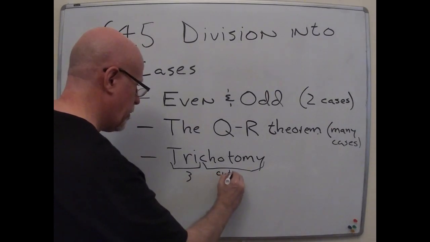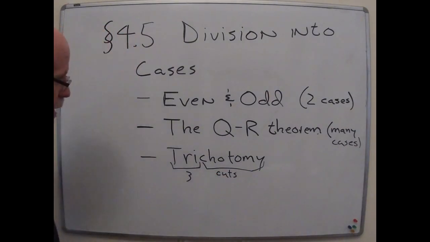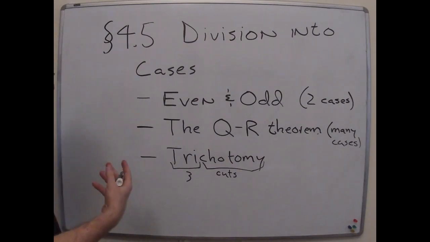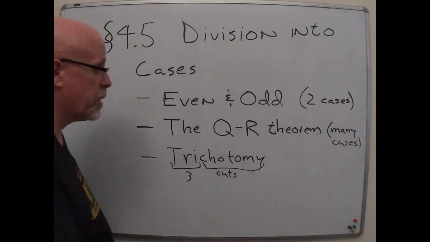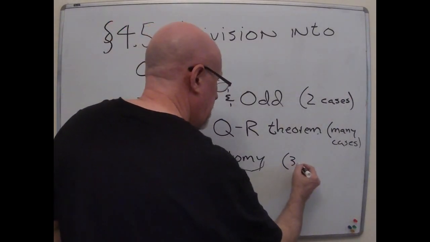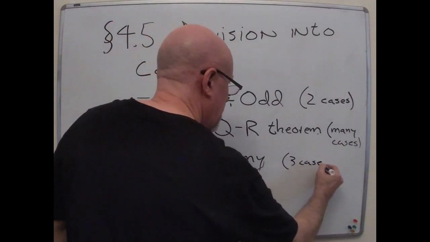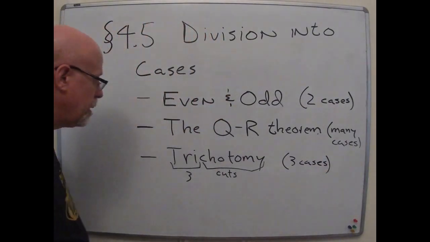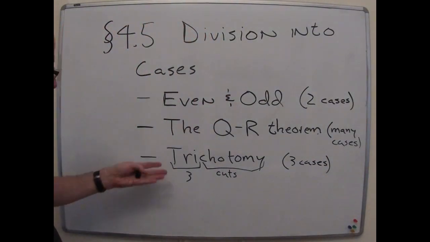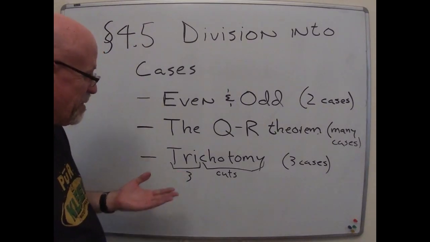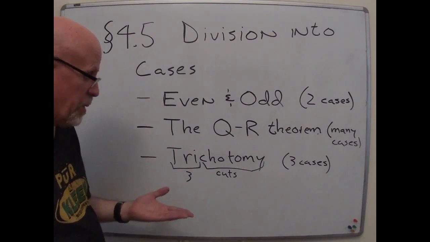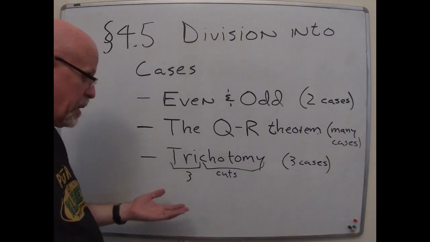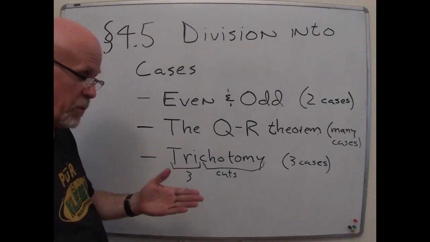Let's go with cuts. It has to do with knives in Greek. Anyway, trichotomy is cutting something up into three parts. And so you may imagine that means there's going to be three cases. This is easier than it sounds. It's got a fancy name, but what it means is every real number is either positive or it's negative, or it could be zero. There's those three options.